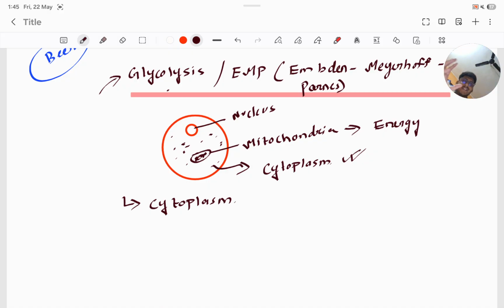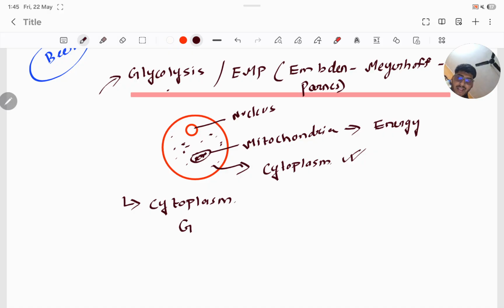So what happens in glycolysis? Just by the term you can get acquainted with it. Glycolysis means to break the glucose. Lysis means breaking down.